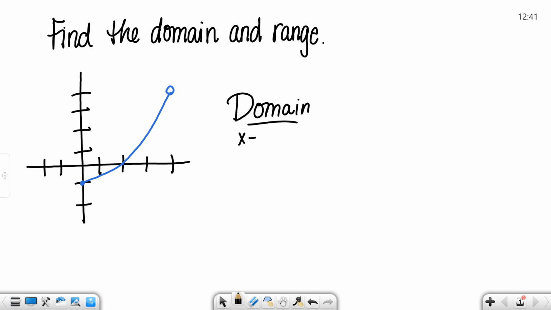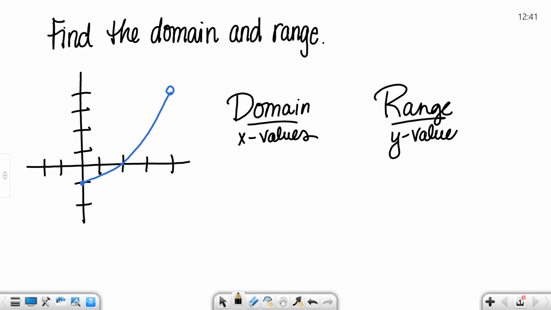So let's remember that domain is our x values. That's not the answer here though. Range is our y values. Again, that is not the answer. Just trying to remind you what they are. When I look at domain, since those are x values and x values move left and right, I'm going to go as far as I can on the left of the blue curve.